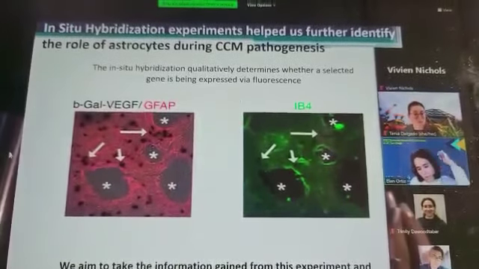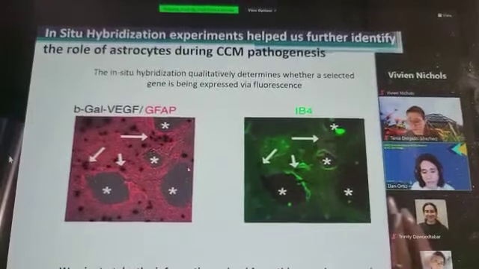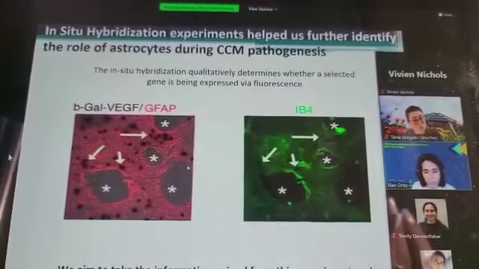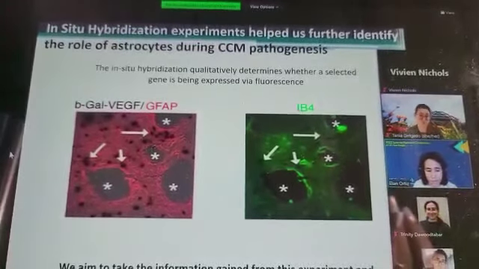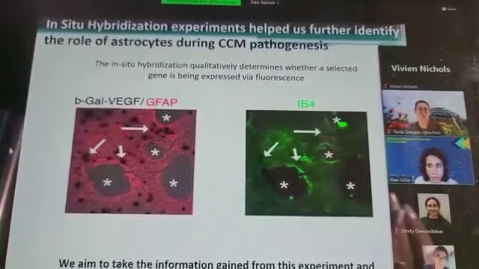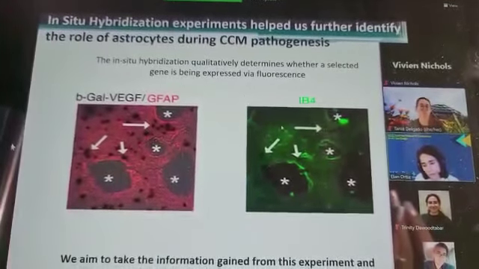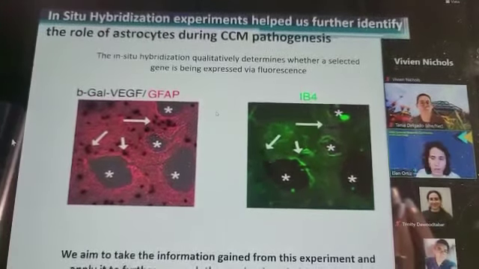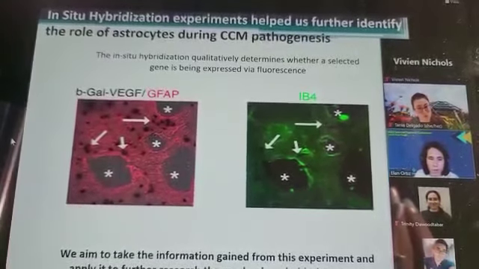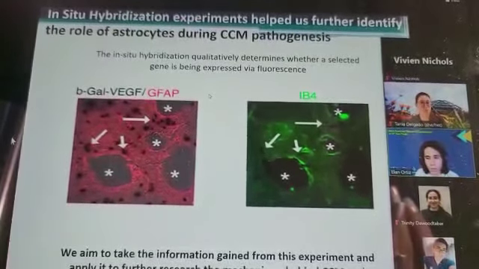We primarily aim to take the information gained from the experiment and apply it to further research the mechanisms behind CCM and possibly find a pharmacological treatment for the disease. Mainly, through the in situ, there is a lot of preparation that needs to go into it.